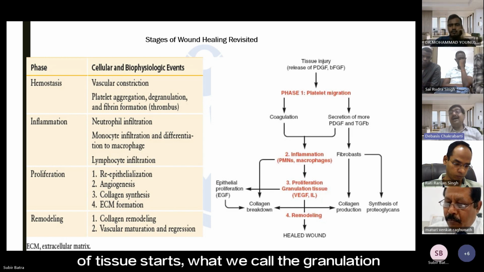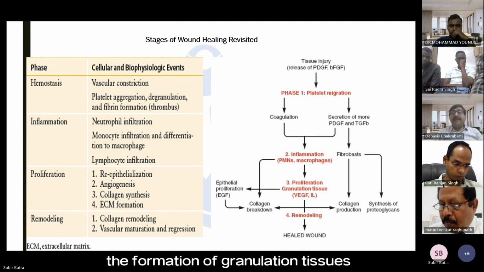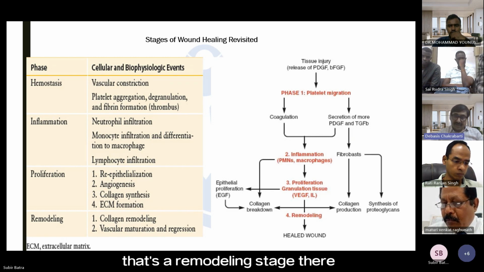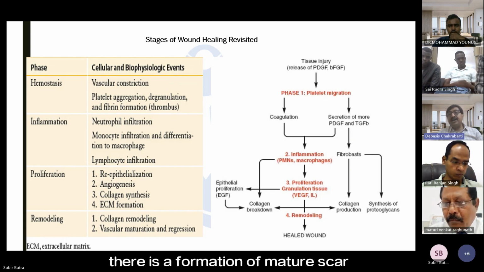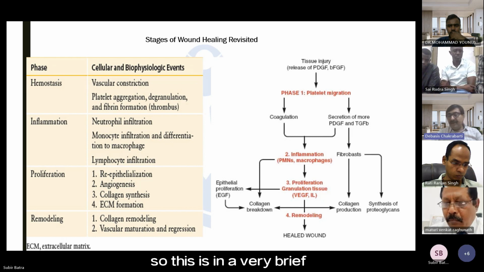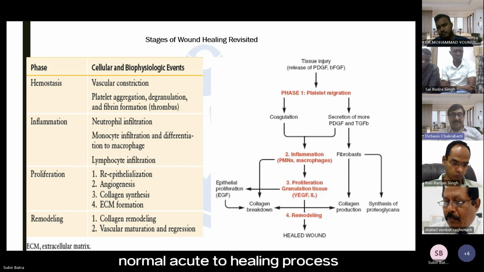What we call granulation is the formation of granulation tissue. And the last stage is the remodeling stage. There is formation of a mature scar and the complete closure of the wound. So this is, very briefly, what the normal acute wound healing process is all about.